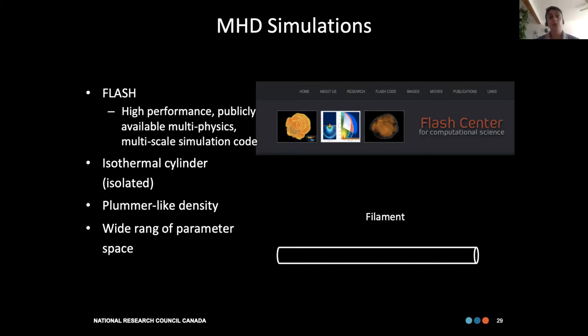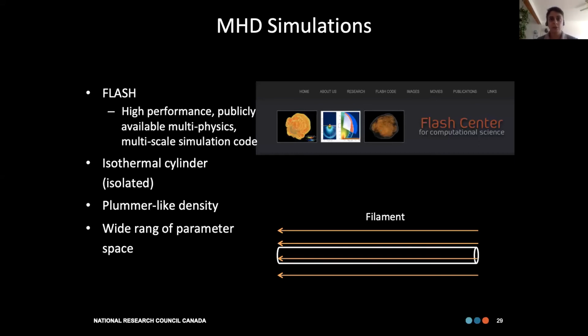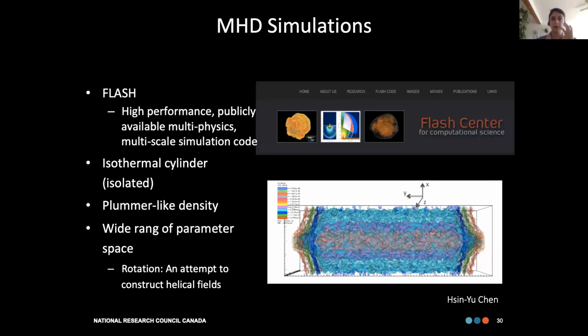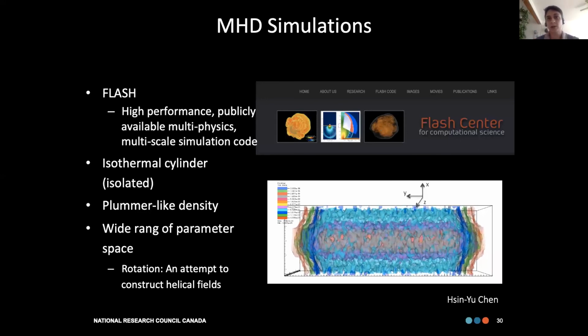We explored a wide range of parameter space, and we started with different initial orientations of magnetic fields, for example perpendicular or parallel, and we're also currently exploring oblique magnetic fields. Remember that these simulations are 3D, so we can rotate and observe this scenario in a full 3D picture.